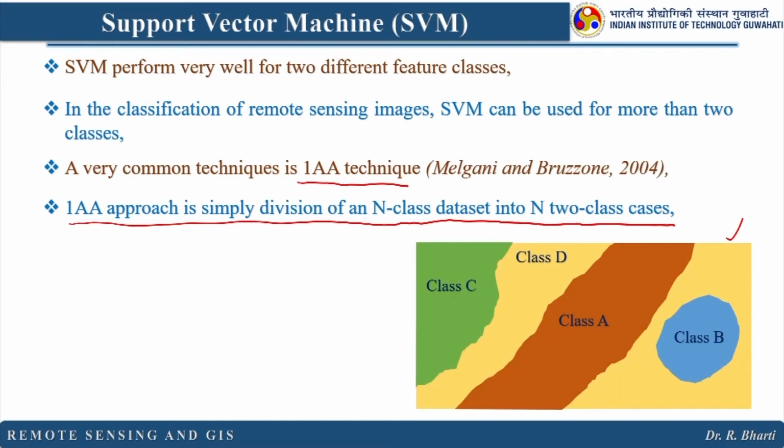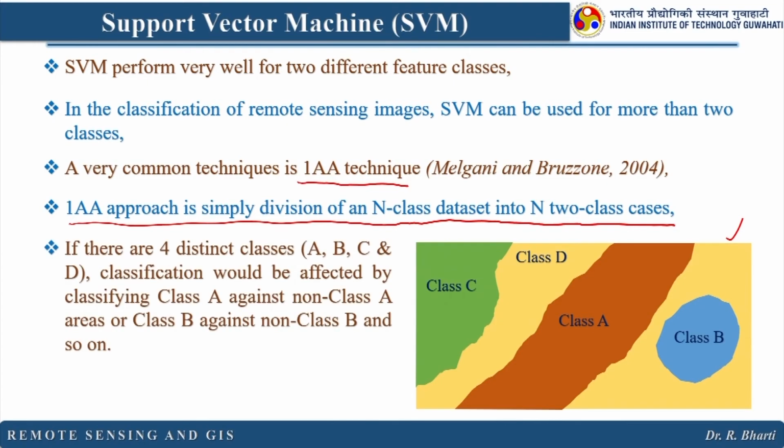This example I have put to explain exactly how we are performing this support vector machine. So if there are 4 distinct classes, namely A, B, C and D, classification would be effected by classifying class A against non-class A areas, or class B against non-class B and so on. So here basically we start with one class and the rest are all in one class.